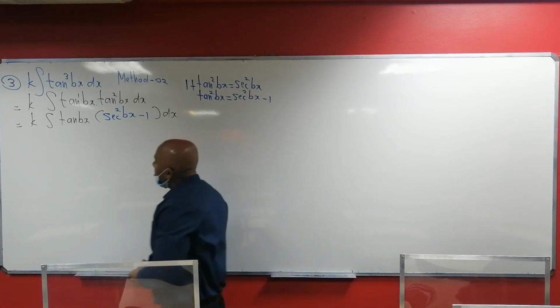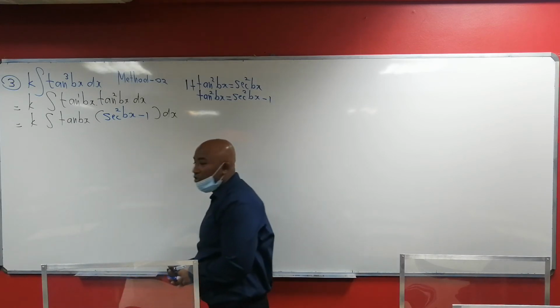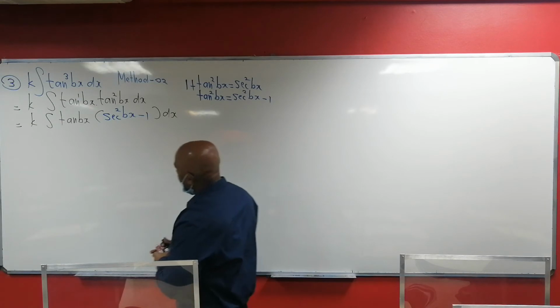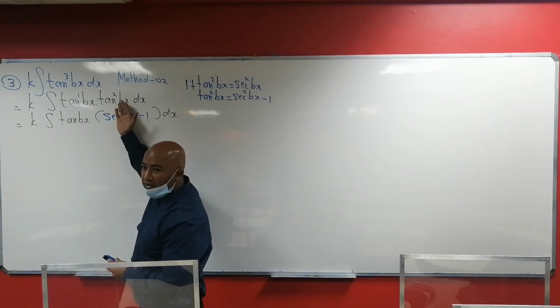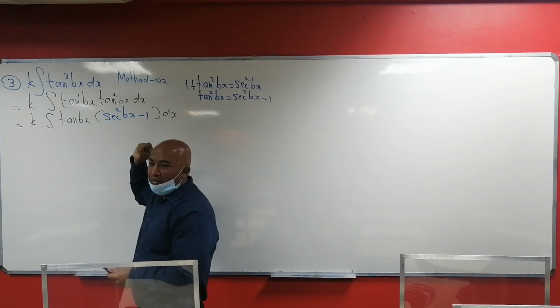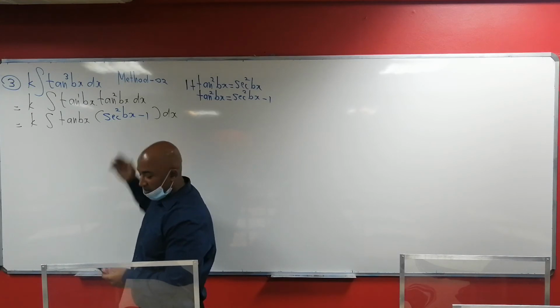Now, what happens if, or what will happen if you let u equal sec bx? Right, because you're noticing now there's a power here, and you might notice that it's a little bit similar to the previous examples when we were dealing with cos to the power 3. When we came to a step like this, we used our u substitution.